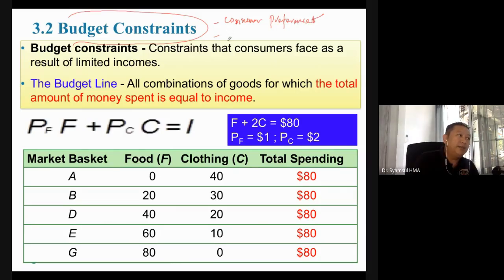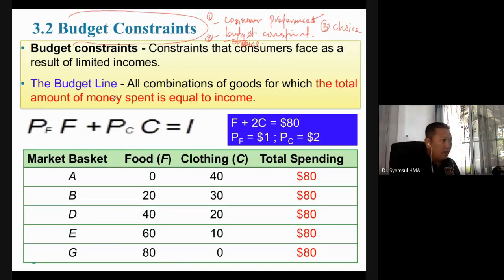But there is a factor, what we call the budget constraint, that limits them before they make their third step, the choice. This is number 1, number 2, and then let me put here number 3, choice. So you understand the preference. Now we need to understand what is constraining them. That's the budget. And the third one, how do they make the choice?